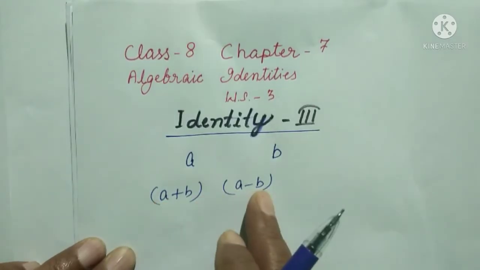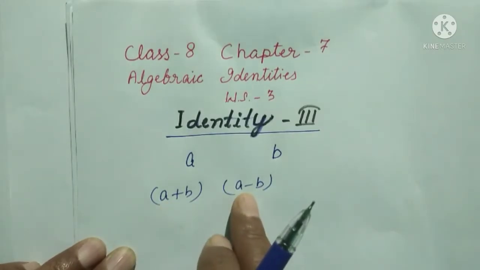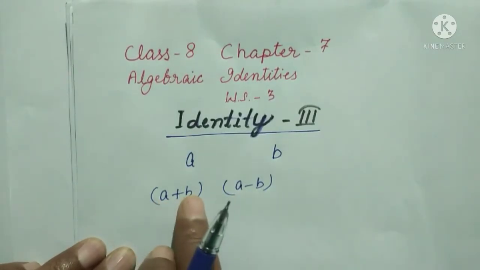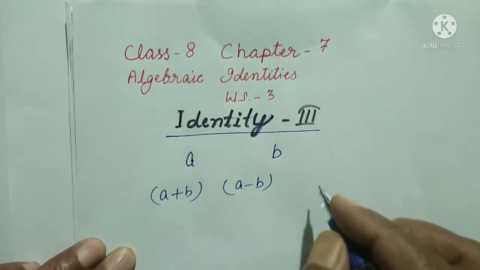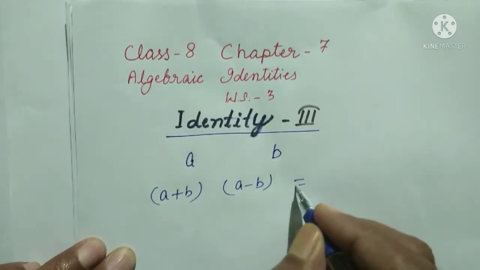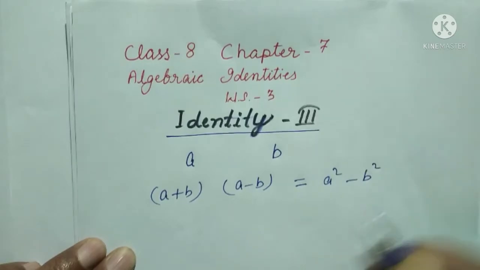Remember, both are A and B. Here you find addition, here you find subtraction. First number plus second number into first number minus second number. So you get its product, A square minus B square.